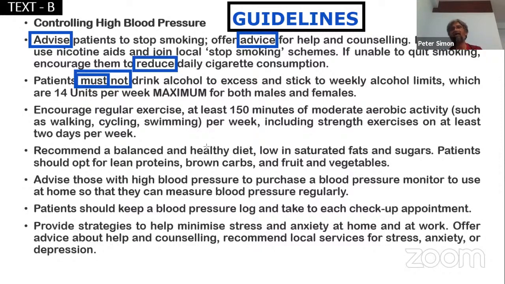Encourage regular exercise means to do. Do what? Exercise. Recommend a balanced and healthy diet means do. Recommend means do. Prohibit means don't. So you have to understand recommendation. I told you already, it will be there.